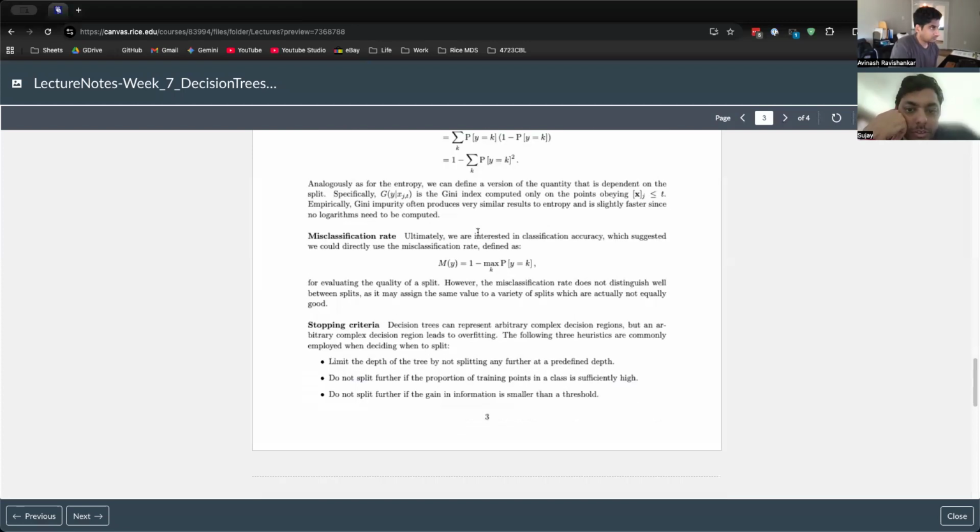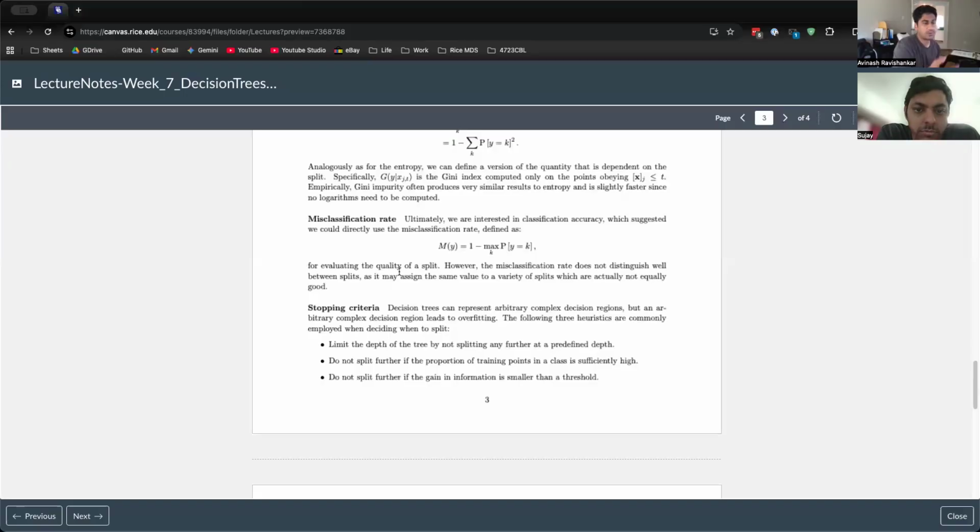This is the misclassification rate, the one that is ultimately what matters. Ultimately, we are interested in the misclassification accuracy, so it was suggested we could directly use the misclassification rate. This is literally just saying how many you got wrong, divided by the total. We try to do it for the biggest class: whichever class has the maximum misclassification, we focus on that.